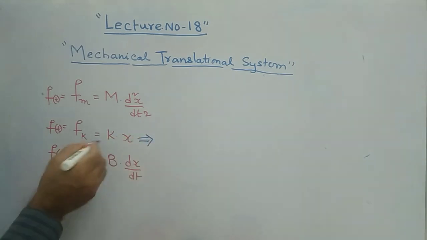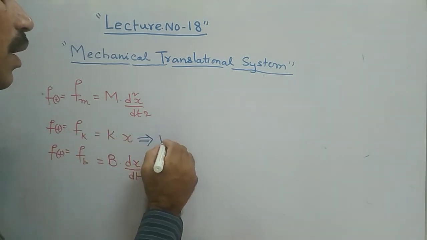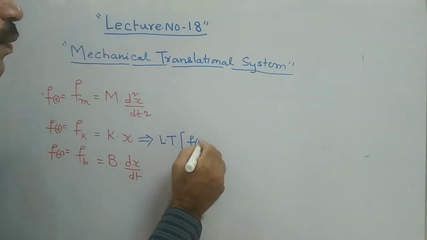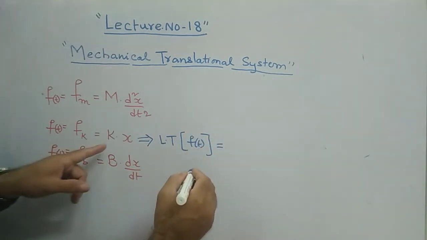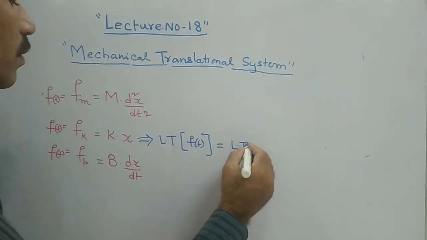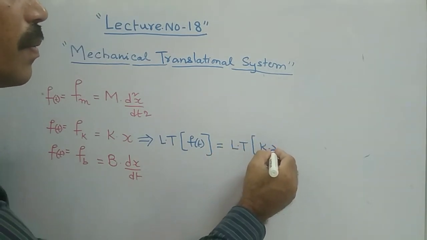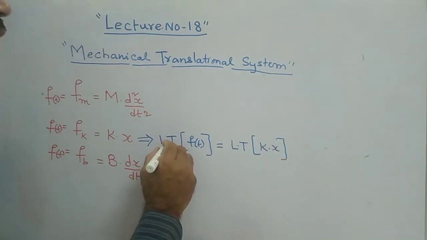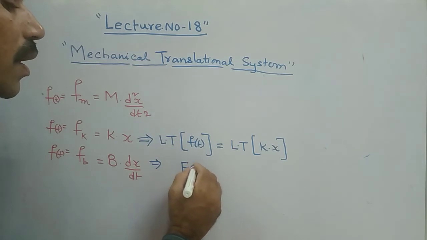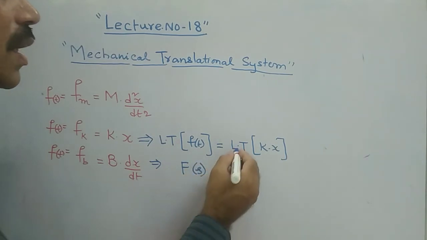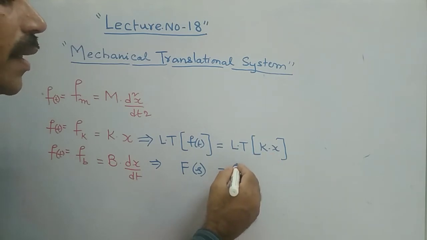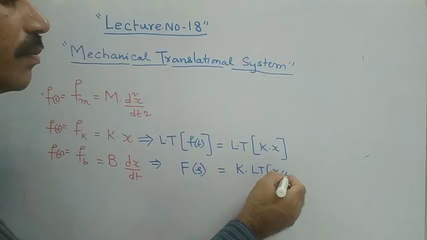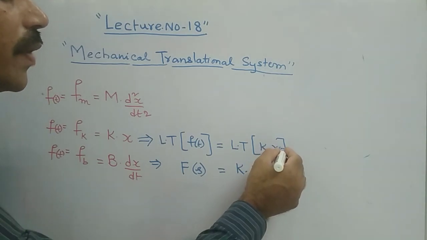This implies for the second equation I am applying the Laplace transformation of f of t. This is equal to Laplace transformation of kx. Is it not? So this implies your L of t of f of t becomes capital F of s. This implies L of t of k, k is nothing but constant, take outside here. And now you can write L of t of x, nothing but x of t. Don't forget that.